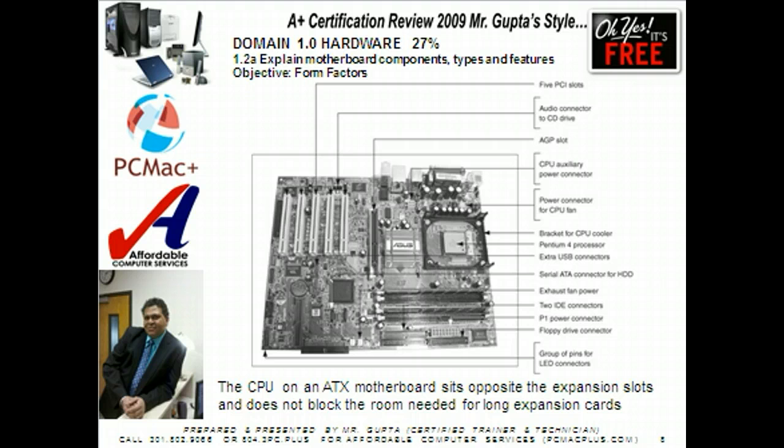The CPU and memory slots sat beside the expansion slots so that full-length expansion cards don't bump into the CPU or memory modules. The original ATX form factor had case fans blowing air into the case, but early revisions to the form factor had fans blowing air out of the case. Blowing air out of the case does a better job of keeping the system cool.